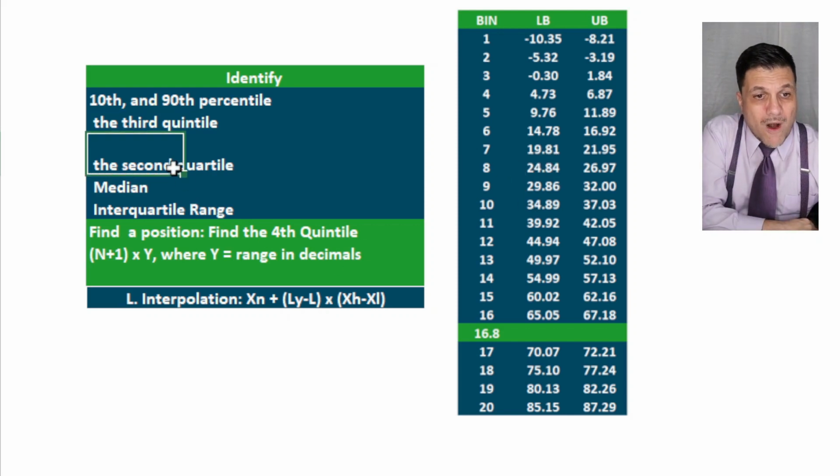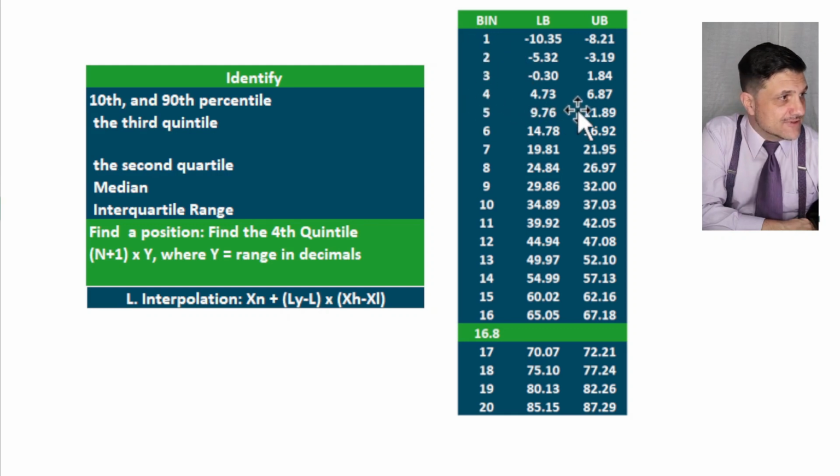What about quartile? For quartile I divide by 5s here, because each group of 5, 1 to 5, is the first quartile. 6 to 10 is the second quartile, 11 to 15 is the third quartile, and 16 to 20 is the last quartile.